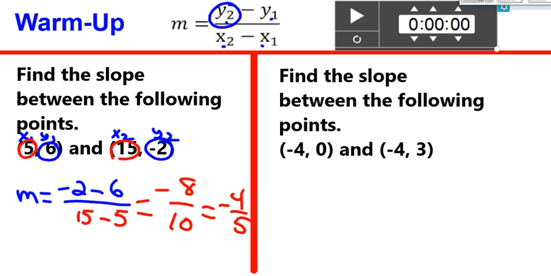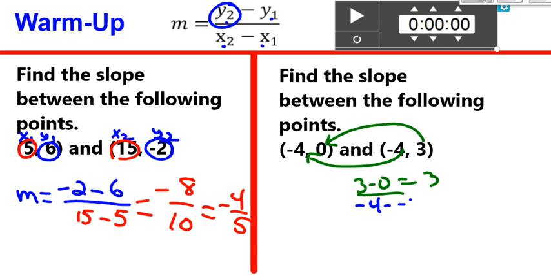So I'm going to take my y2 minus my y1, which is 3 minus 0, which is going to give me 3, divided by my x2 minus my x1. So that is going to give me negative 4 minus negative 4, which is going to give me, oops, let's fix this over here. So on the top I've got 3, on the bottom I've got 0.